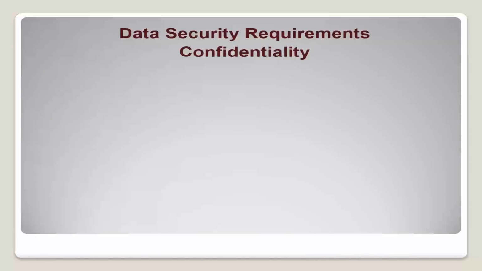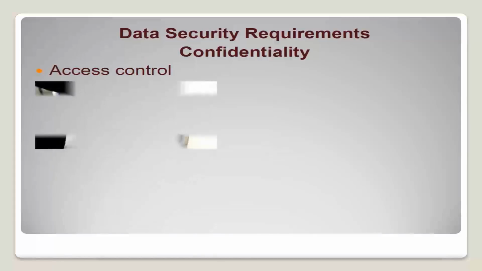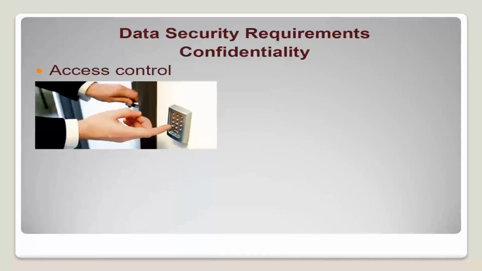The basic security standards which technologies can ensure are: first is confidentiality. Confidentiality contains many points. First is access control. Access control means the access to data is controlled by means of privileges, roles, and user accounts. Second is authenticated users.